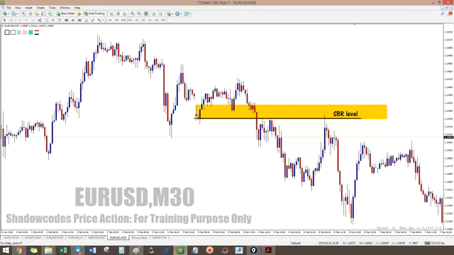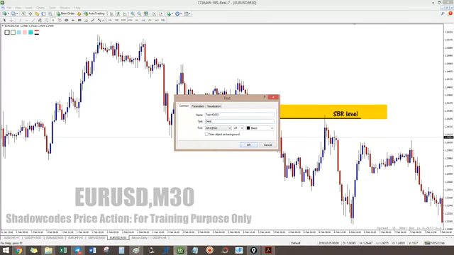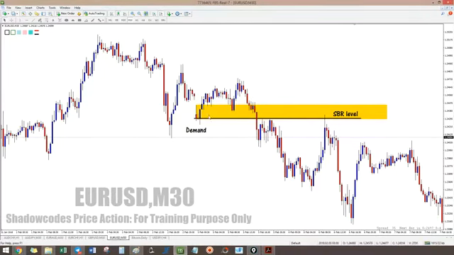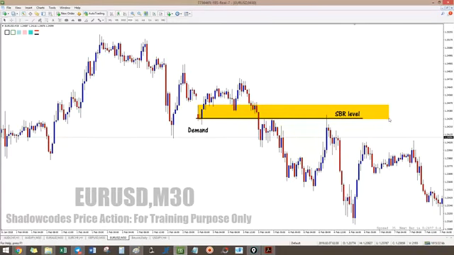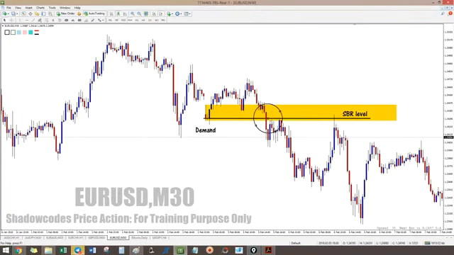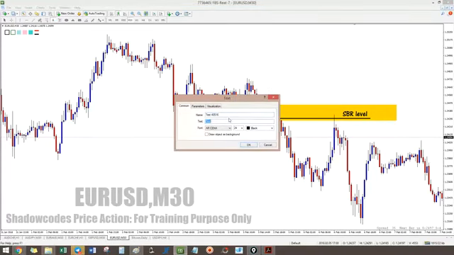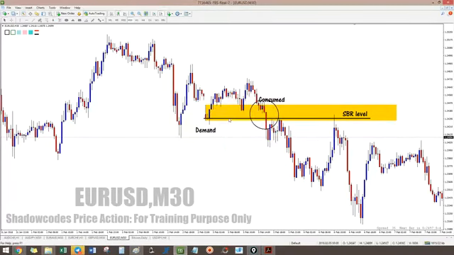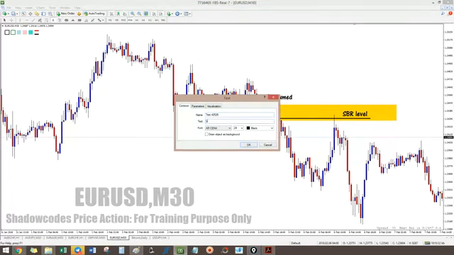supply zone. Now, before this is demand. Okay, this is demand. Demand. After it gets broken, this one needs to go lower. After it gets consumed, it will become supply.